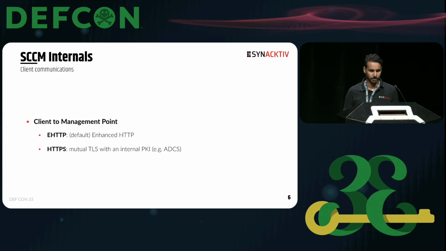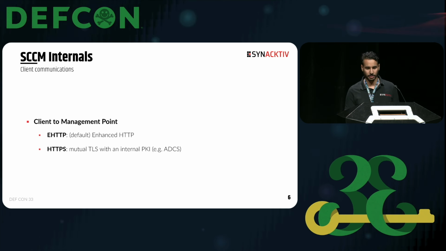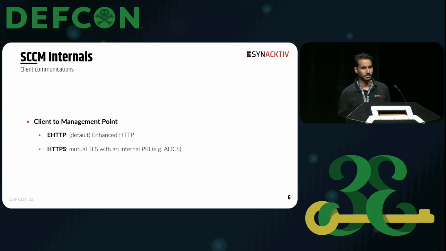So let's start with the first internal, and the first concept to introduce this part is the client communication mode. So you have two of them. The SCCM client mainly talks over HTTP with the management point. On the management point, you can configure it either with enhanced HTTP mode, which is mainly using plain HTTP transport mode, or you have HTTPS mode, which is advised by Microsoft, which requires an internal PKI to issue certificates such as ADCS.